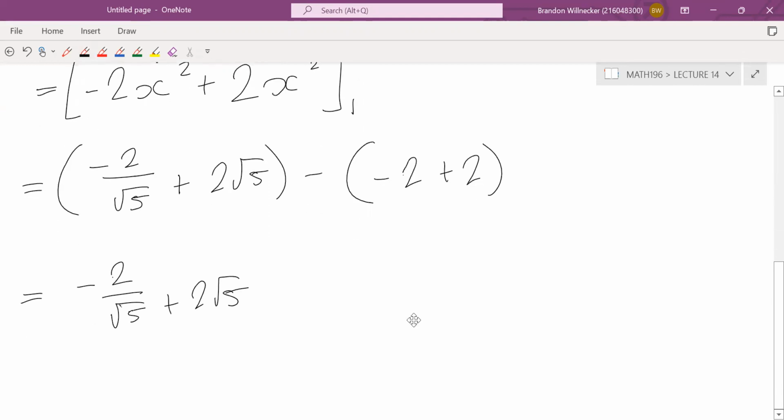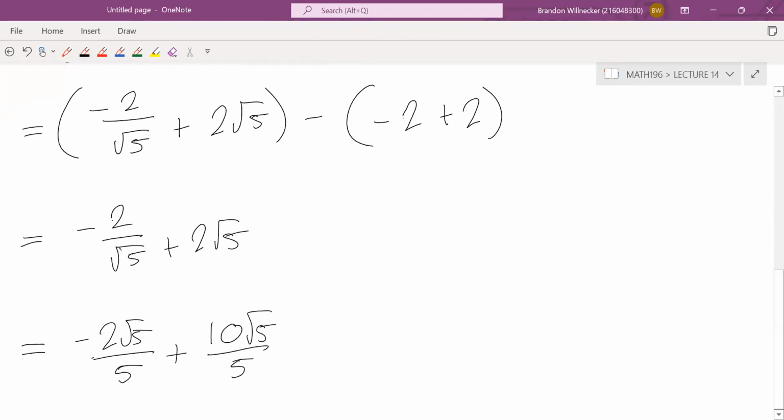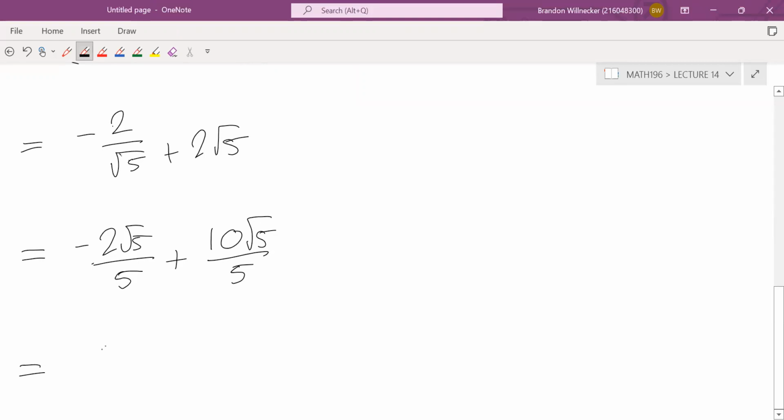But if you wanted to, we can simplify this some more. So this is going to be minus 2 root 5 over 5. We just times top and bottom by root 5. Same thing with the other one, but timesing by 5, we get 10 root 5 over 5. And then this gives us 8 root 5 over 5.